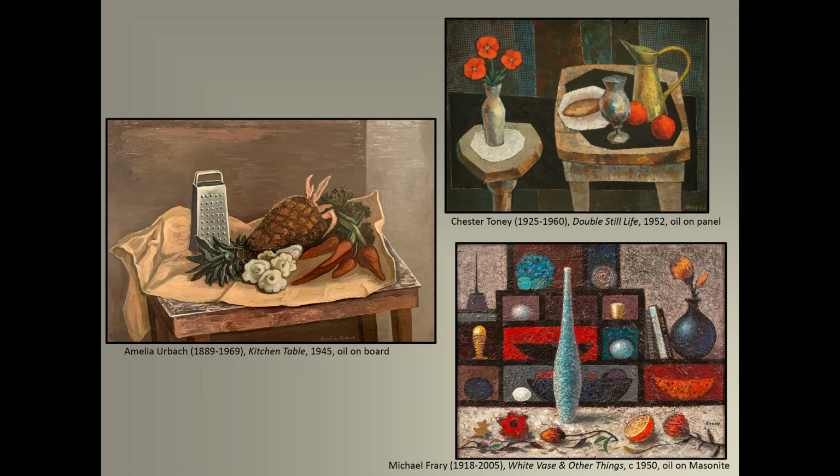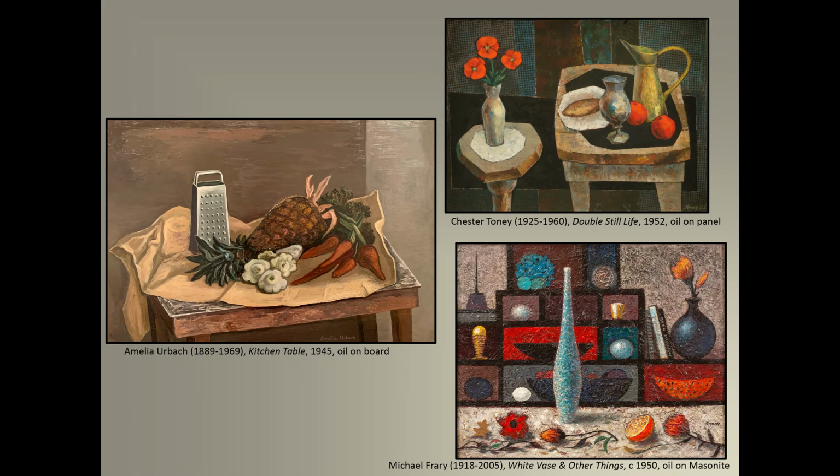Michael Frary, White Base and Other Things, from 1950, is an oil on masonite. Frary was an American modernist from Santa Monica, California, who taught at the University of Texas, Austin, and was very influential in modernism in Texas. Frary experimented in a variety of media and styles. This highly textured surface covered all of the objects in this composition.